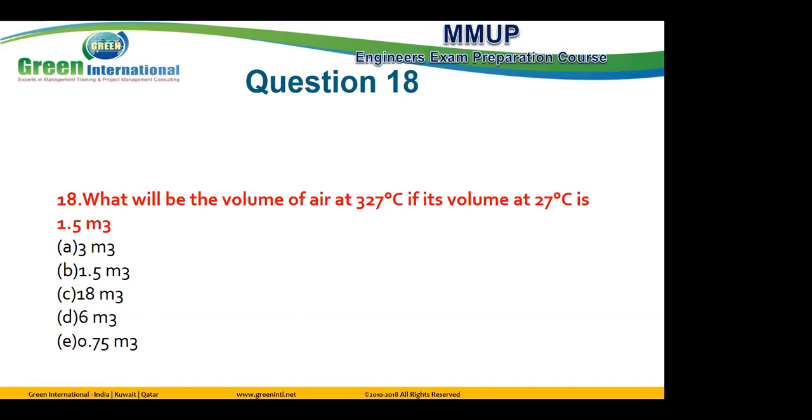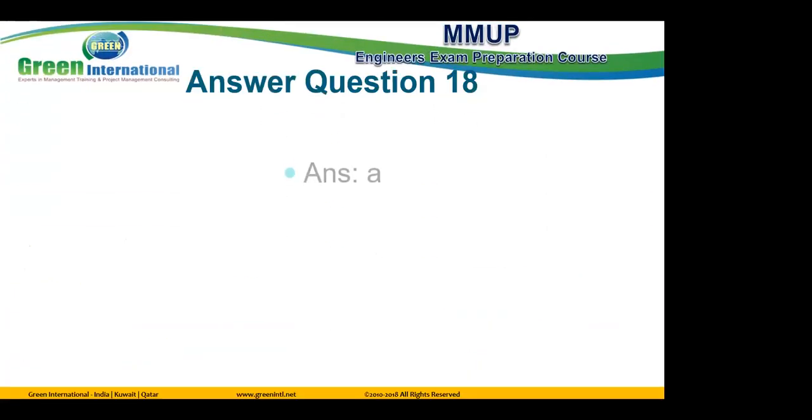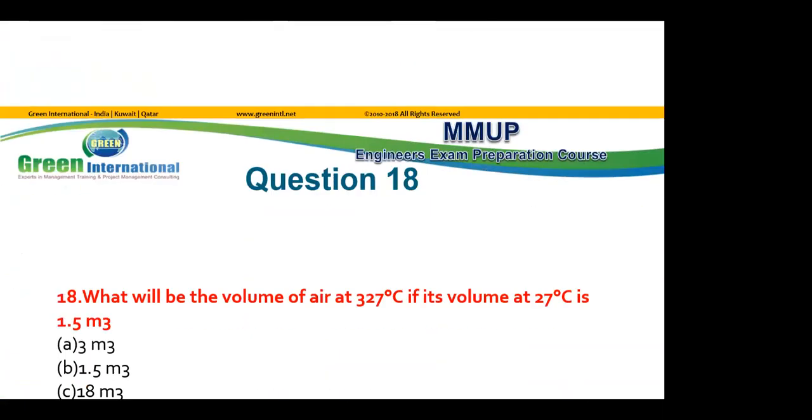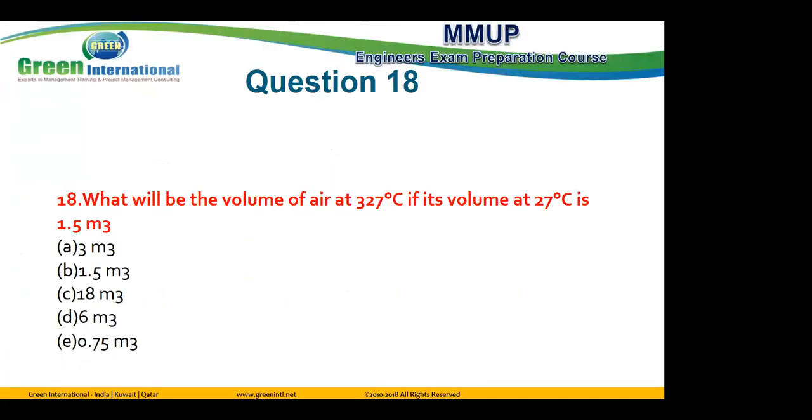And this one is double, no, it's B. What will be the volume of air in the first stage?